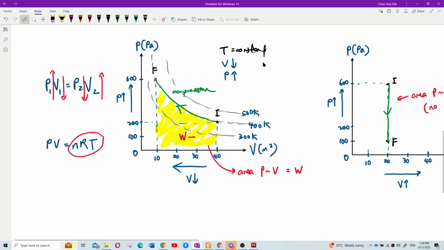Rearrange the formula: P equals nRT over V. See that, class? Volume decreases, pressure increases. This one is constant. They are inversely proportional.